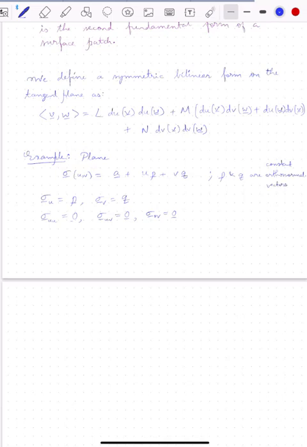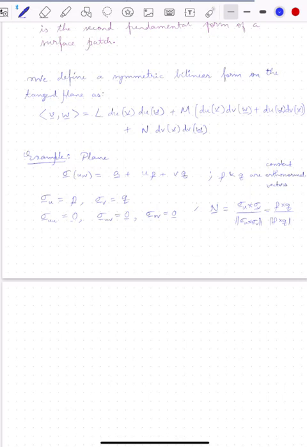And so if we determine the normal vector to the surface, N is equal to sigma u cross sigma v divided by norm of sigma u cross sigma v. With this we have P cross Q divided by norm of P cross Q, right?